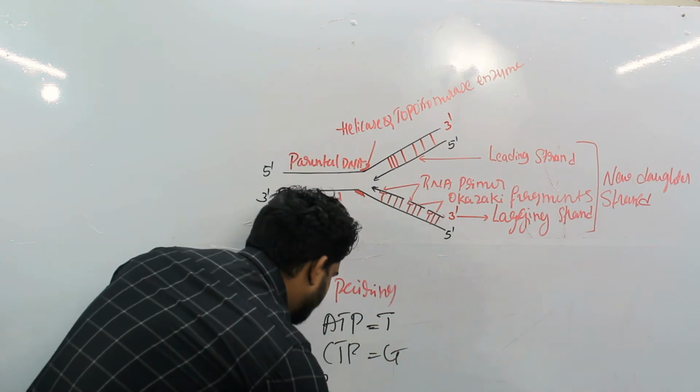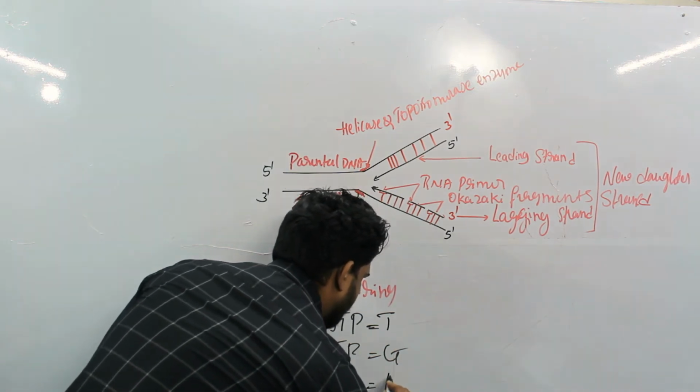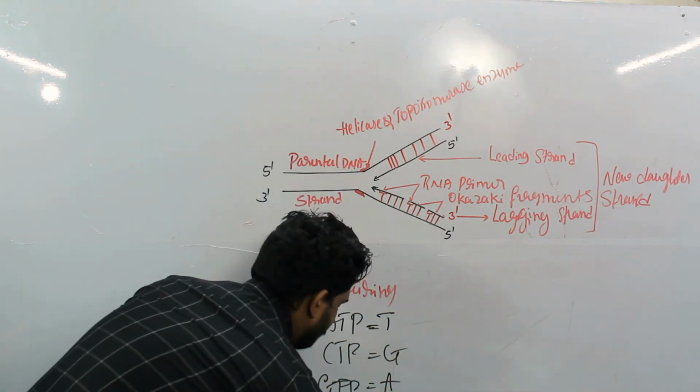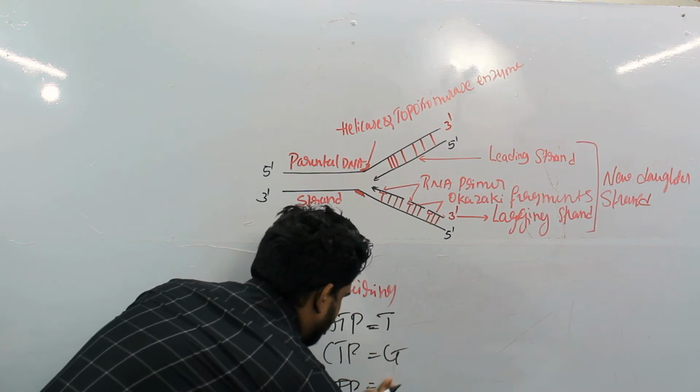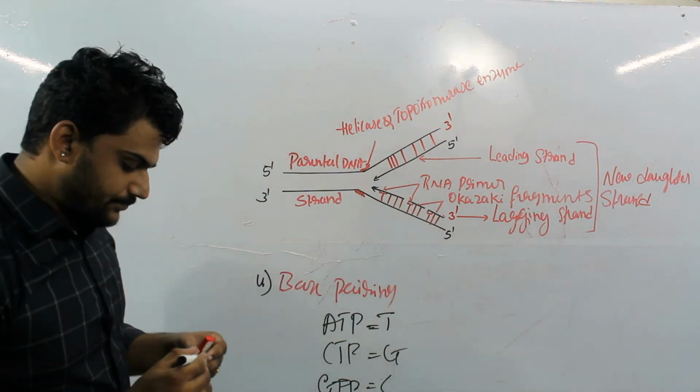And if there is a GTP, here C is going to come, right? And if it is TTP, A is going to come.